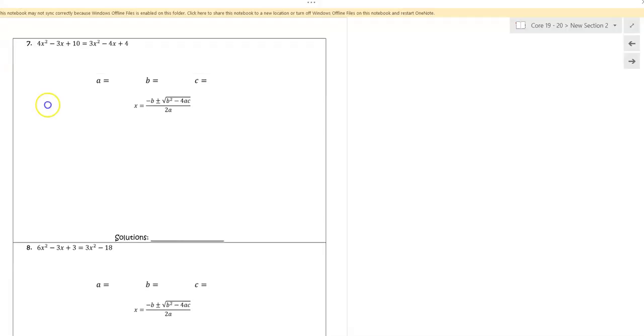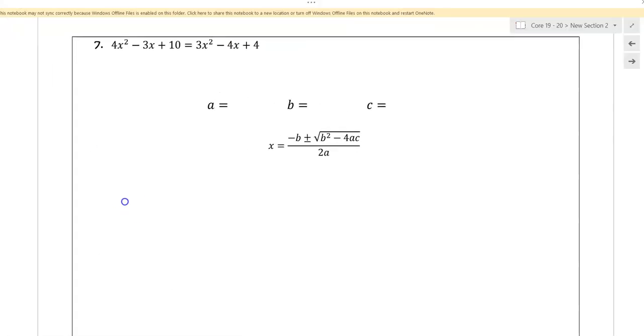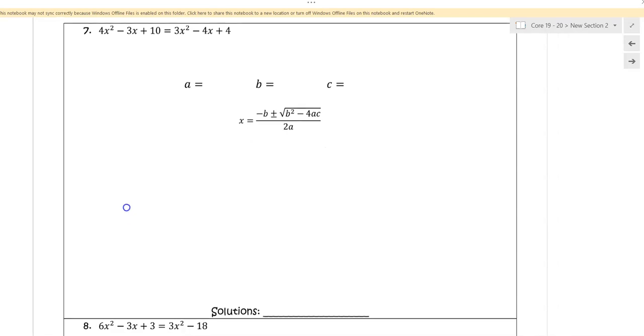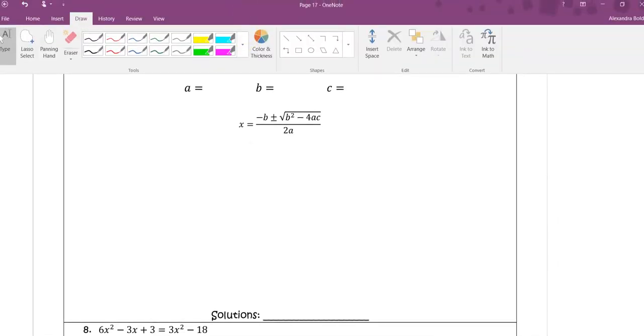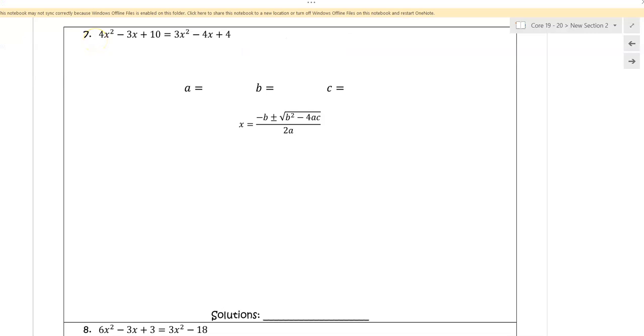Now, just like we did last time, right, these are not in the right form, so I have to get it equal to 0. So I'm going to get rid of everything on this side by doing the opposite. Okay, so all of these cross out.